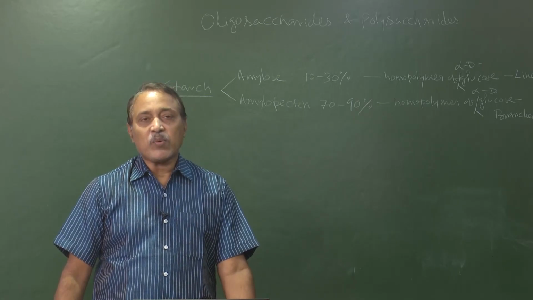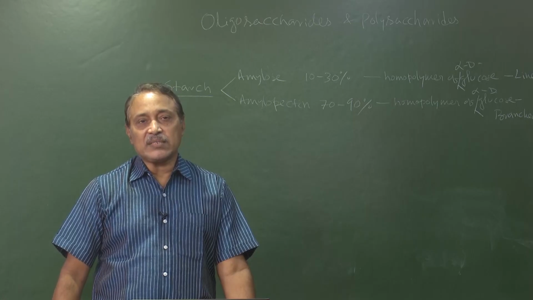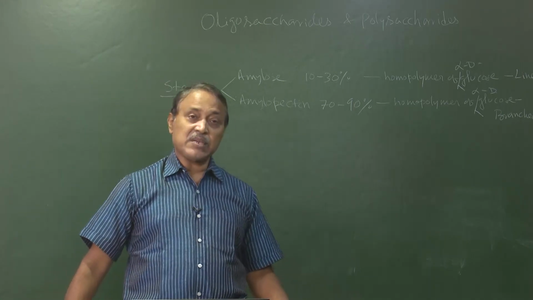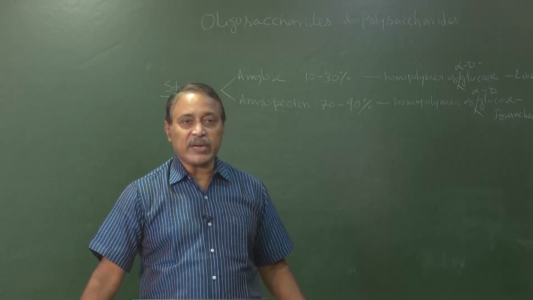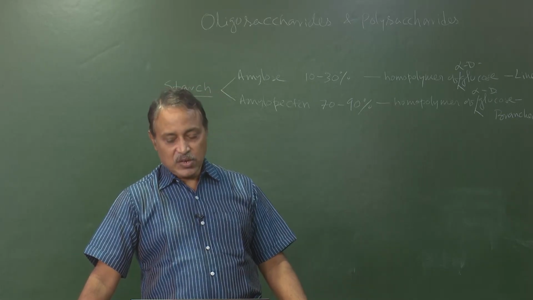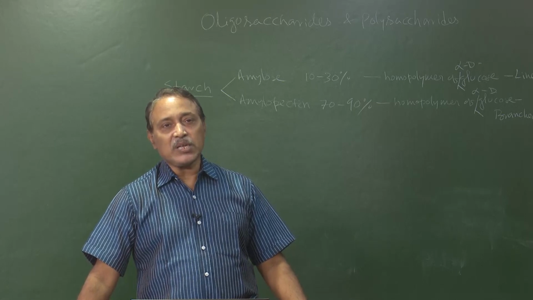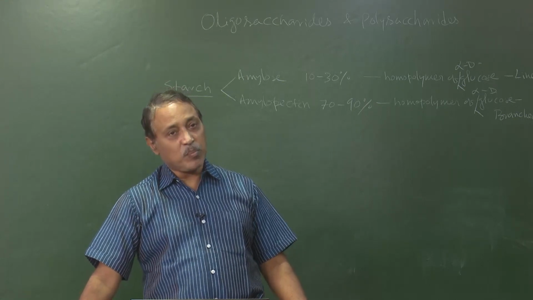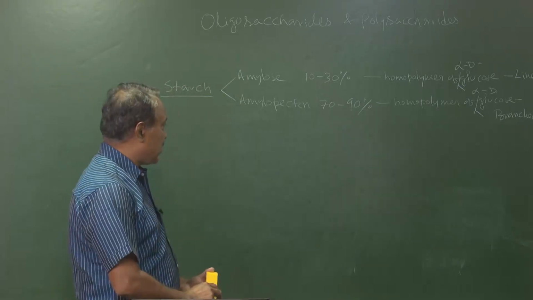Then only the modified amylopectin can be acted upon by the amylase. Otherwise pure amylase cannot digest it completely, only partially.